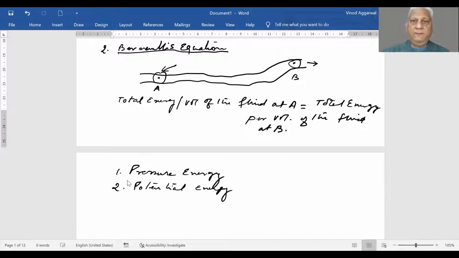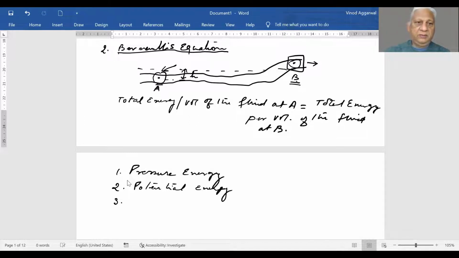If point B is at a higher elevation compared to A, let us say this is H, then obviously fluid at point B will have more potential energy compared to fluid at point A. Okay.